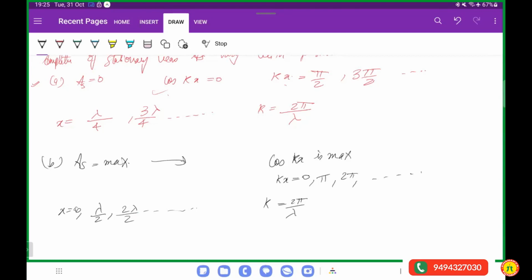So when the amplitude of the stationary wave is 0, that is called a node.